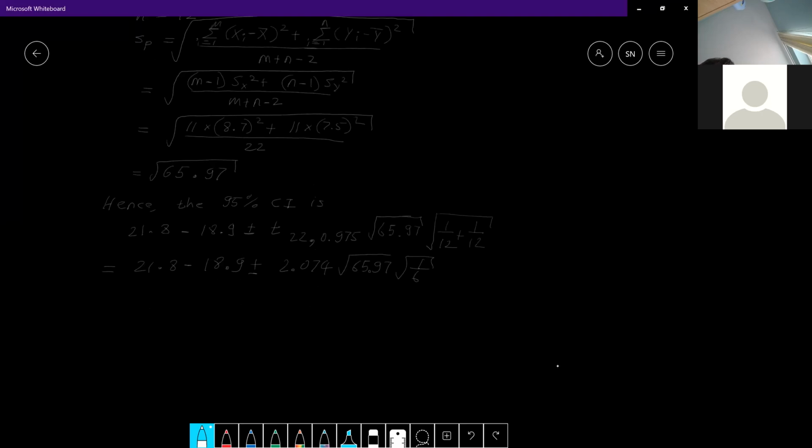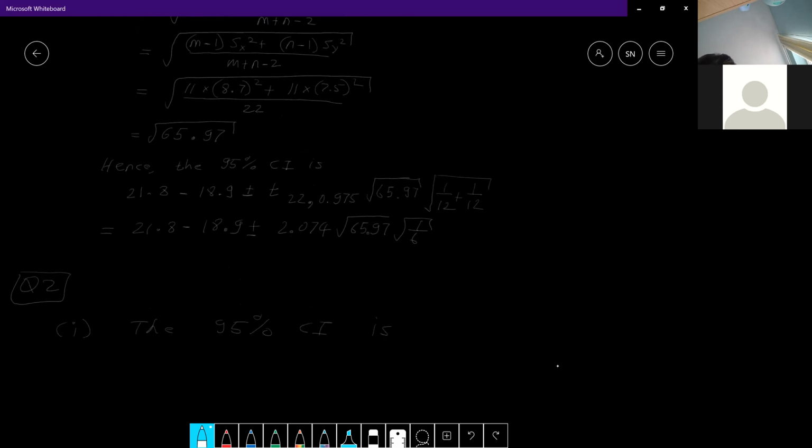Okay, so this is question number two. We are looking for the 95% CI. So the formula for the 95% CI is the following.